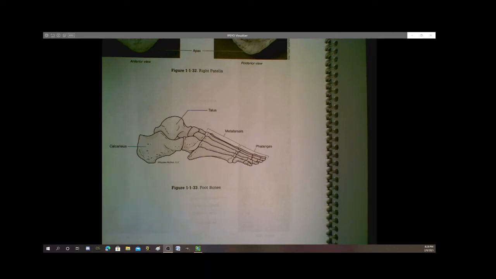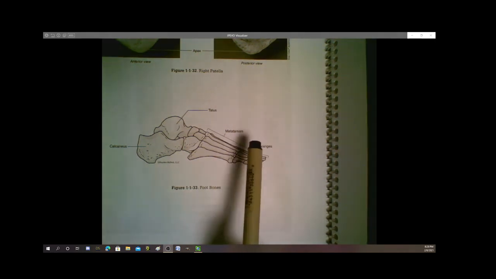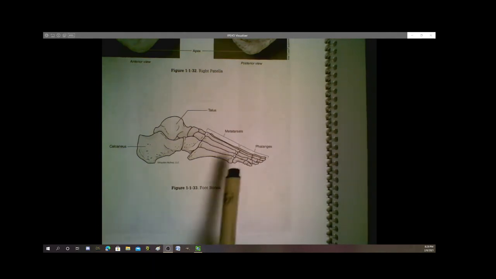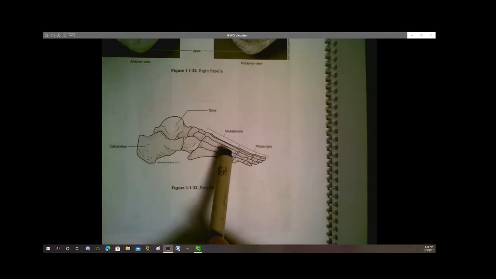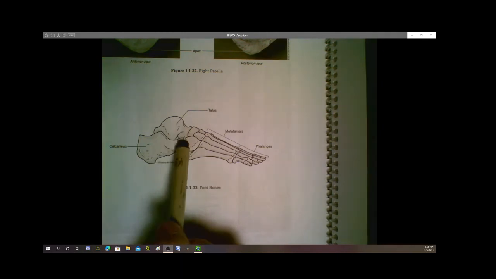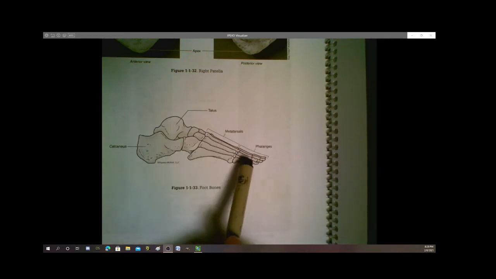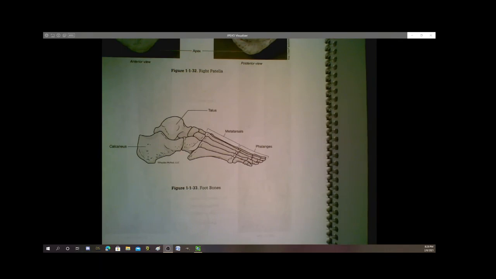And I'm not going to have you tell me the different phalanges, because they might ask you whether they are proximal or distal or medial phalanges. If you just tell me phalanges, I'll be fine. So these are going to be groups of bones that you need to know. You need to know the tarsals. There's 7 of them, with the talus and the calcaneus being specific ones. And then you have the metatarsals, and then you have the phalanges.